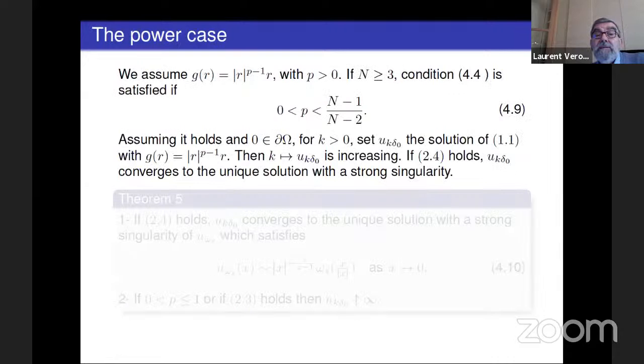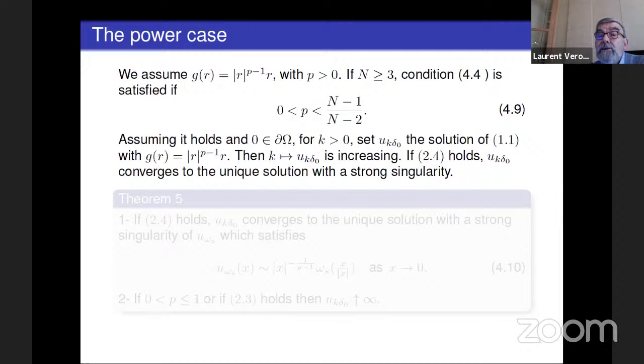Now when g of r is r to the p minus 1 times r, the condition is satisfied provided p is less than n minus 1 over p minus. Notice also that, assuming you are in that case, you let k go to infinity. You look at a solution uk delta 0, and you know that k times uk of delta 0 is increasing.